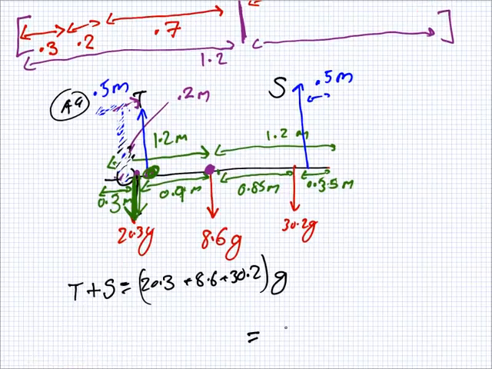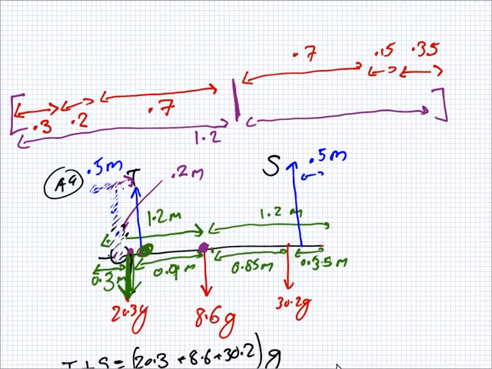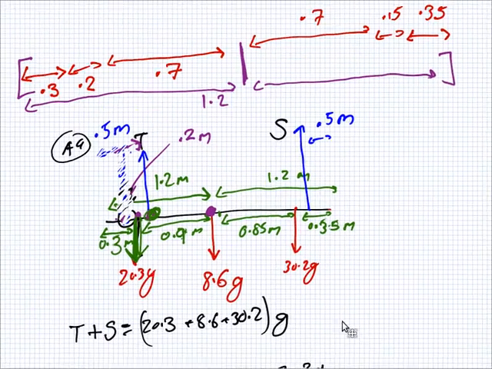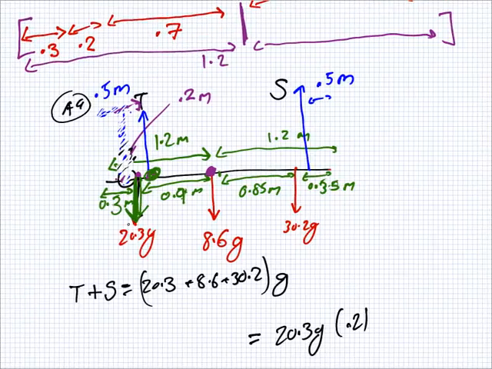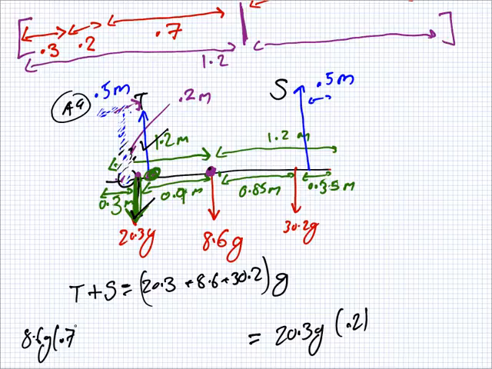So anti-clockwise, 20.3 G, and the distance we can see is 0.2. Right. The next. So that's done. That's okay. This one here is clockwise. And the distance is 0.7, and it's 8.6 G times 0.7.